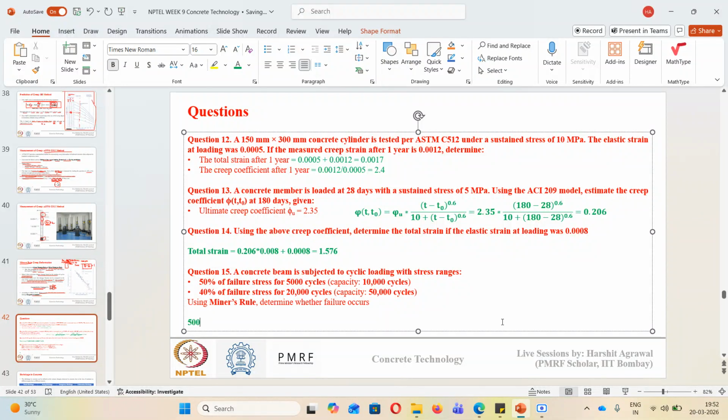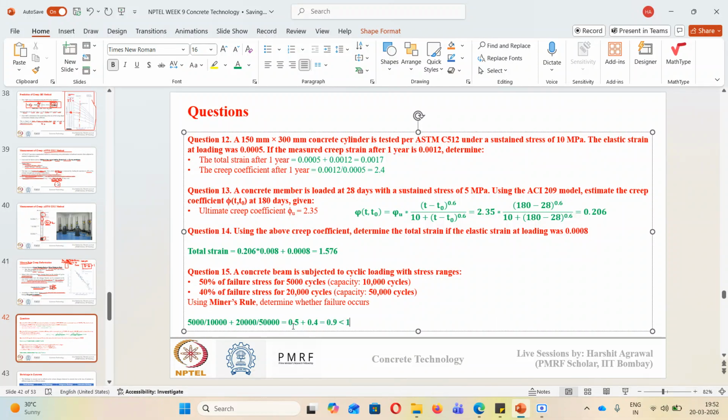So it is 5,000 divided by 10,000 for the first loading condition, and 20,000 divided by 50,000 for the second loading condition. This comes out to be 0.5 plus 0.4, which equals 0.9, and this is less than 1.